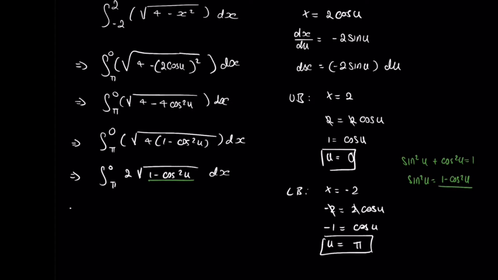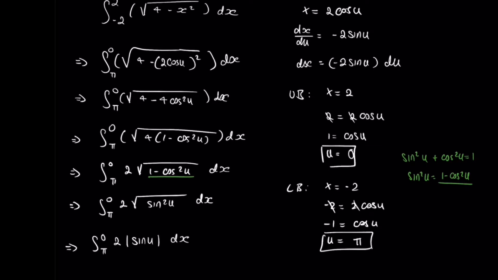So this becomes the integral between pi and 0 of 2 times square root of sine squared u dx. Here we can use the fact that the square root of a squared number is the absolute value of that number to simplify this even further, to get the integral between pi and 0 of 2 times the absolute value of sine u times dx.